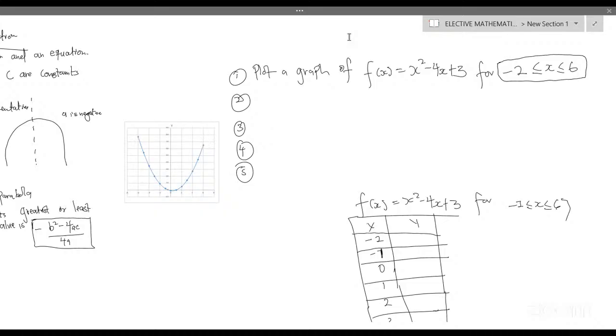And as Vanessa said, this tells us the range within which we are going to plot the graph. So from -2 to 6 for the x-axis. Okay. So when x was -2, y was what?